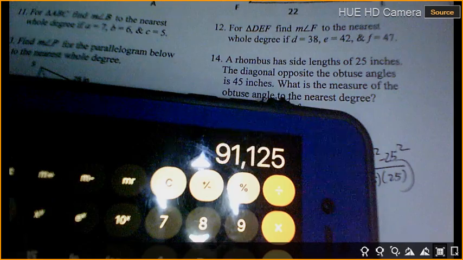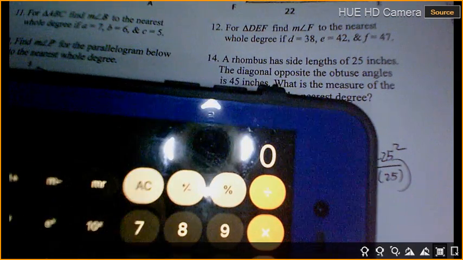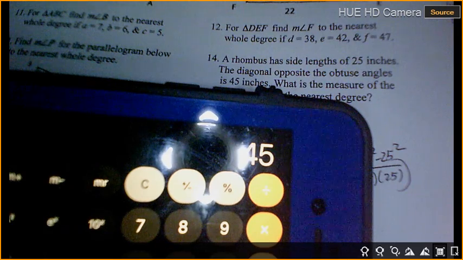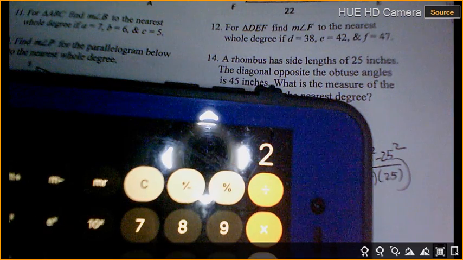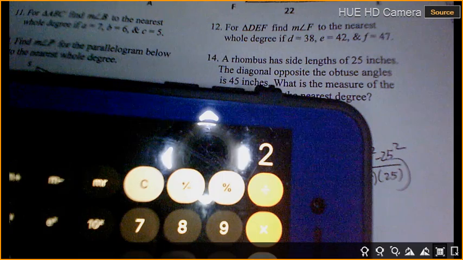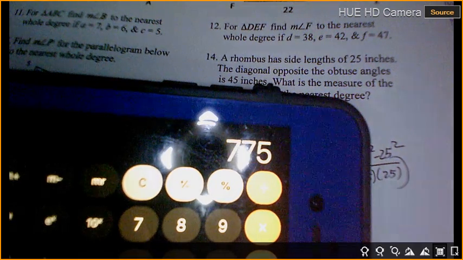45, the squared button, not cubed though, 45 squared minus 25 squared minus 25 squared gives you 775, that's the top. And then the bottom, you're going 2 times 25 times 25, and make sure that's negative.